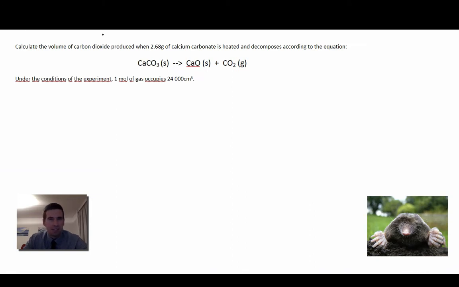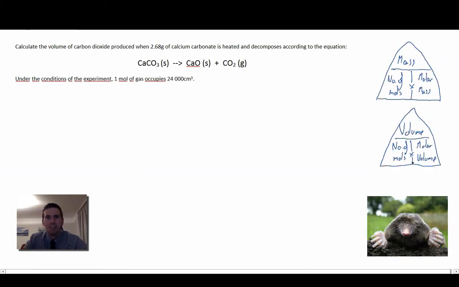So that's a bit of a trick for this specific type of problem. However, with this next type of problem, you will need to use the triangles. So first of all, I'm just going to draw the 2 triangles we've covered so far. Apologies for the very wonky triangles. Okay, so let's have a look at this problem. Calculate the volume of carbon dioxide, so calculating volume again, produced when 2.68 grams of calcium carbonate is heated and decomposes.